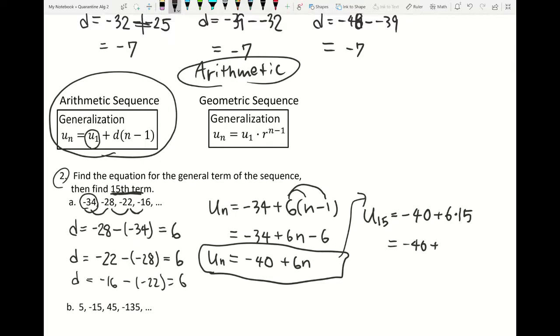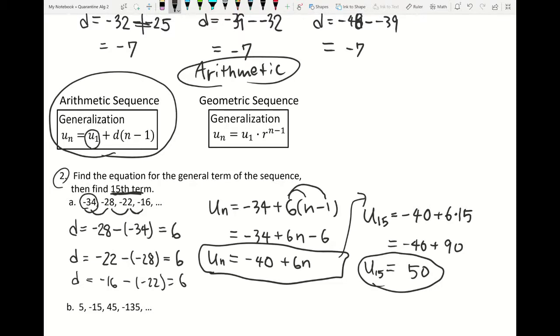That's going to be, what is it? 90. So negative 40 plus 90, you get 50. So U sub 15, or 15th term, is 50.